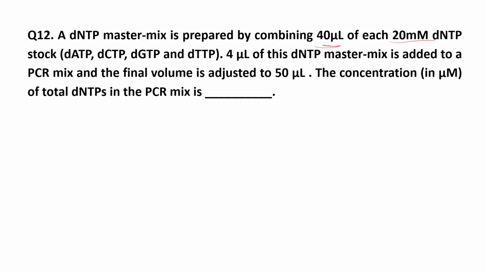So total volume is 40 into 4, 160 microliter. In this 160 microliter, we can find each dNTP concentration.